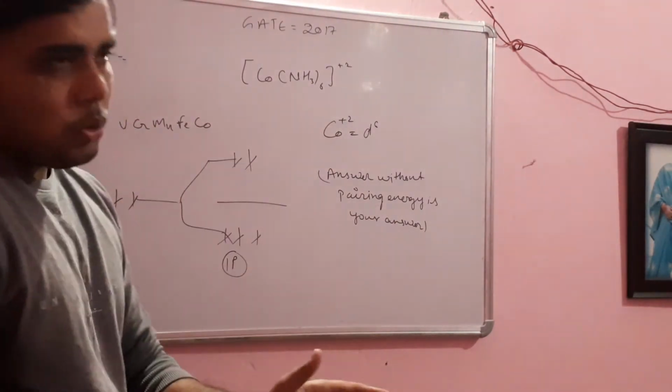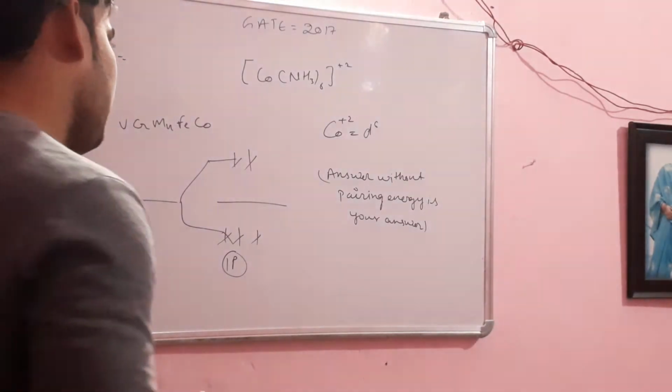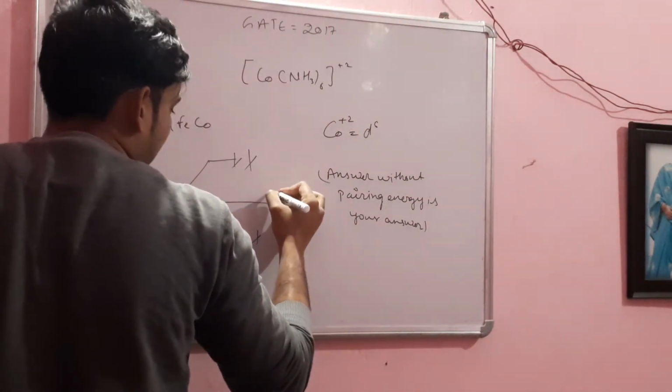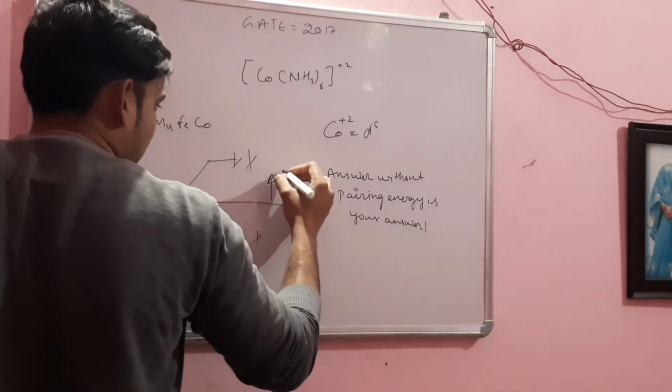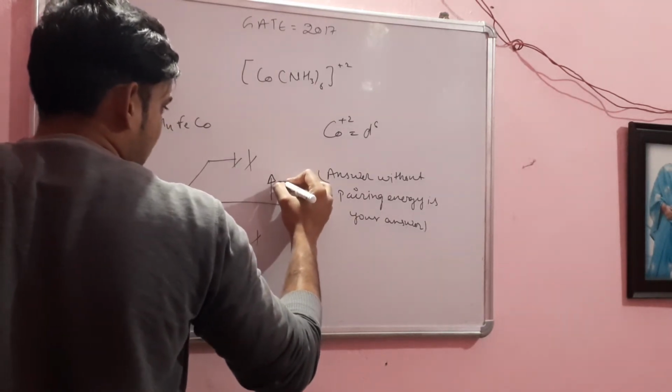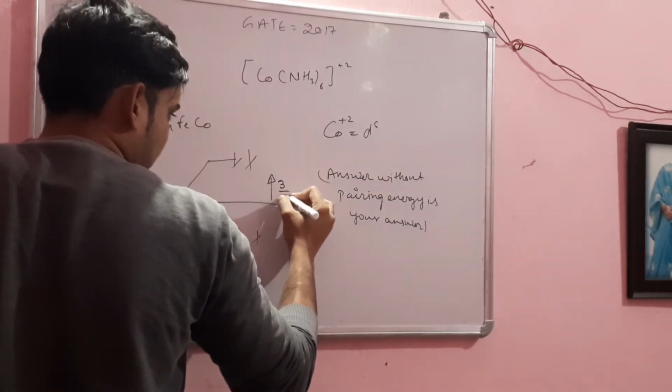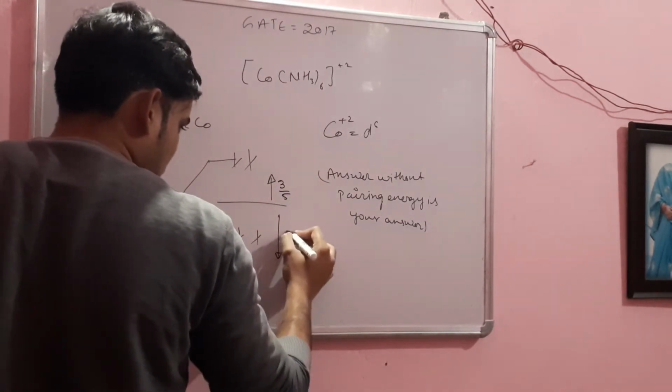We can actually confirm the answer by calculating it. You know that above this barrier the energy is 3 by 5, and this is 2 by 5.